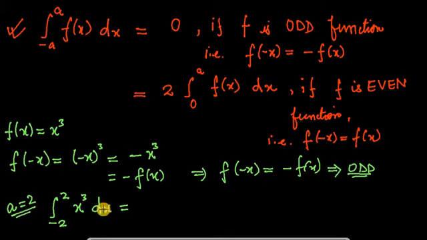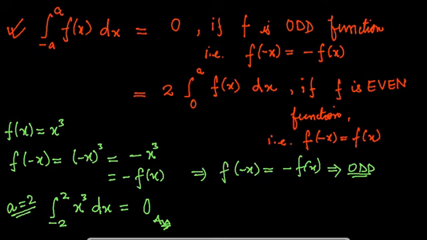If we apply this property, we can say since x cube is an odd function, the integral from minus a to a f(x) dx is equal to 0. So without calculating anything, we can directly say the result is 0.